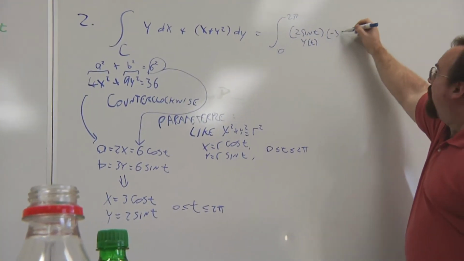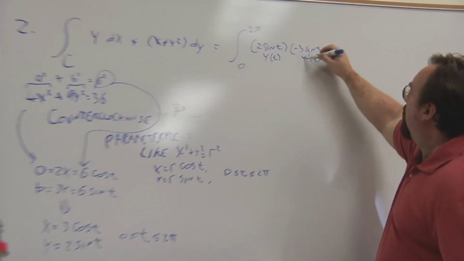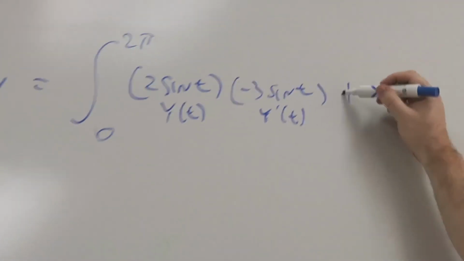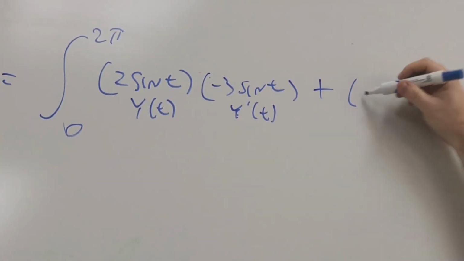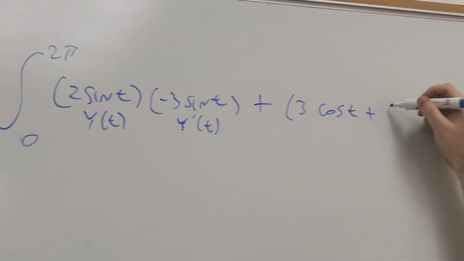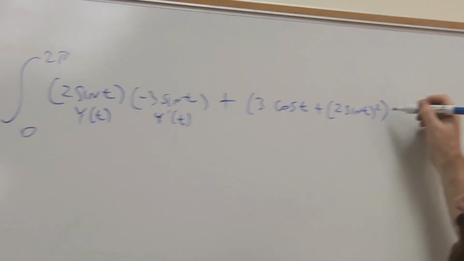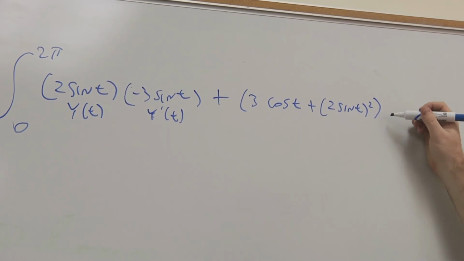So x is 3 cosine t, x prime is minus 3 sine t, plus x plus y squared times dy, that's y prime of t.